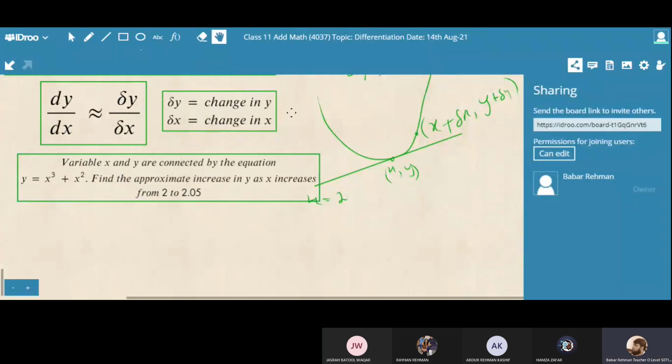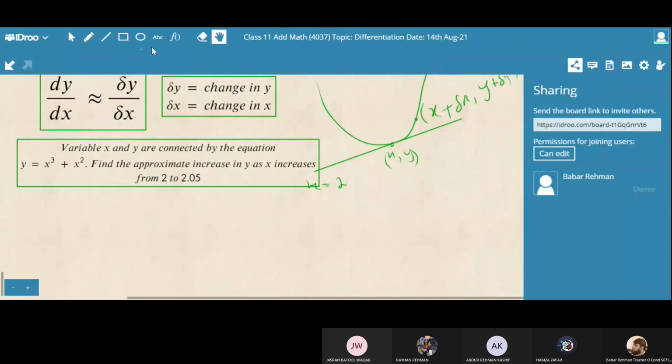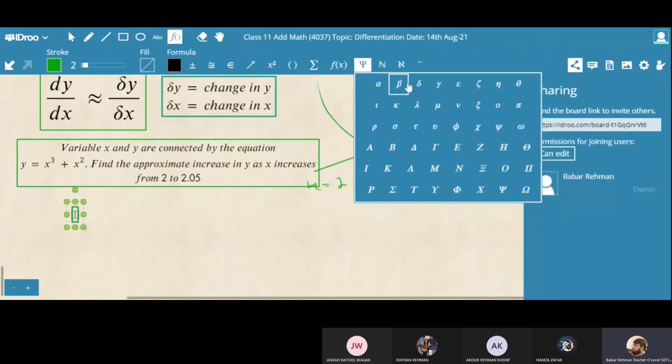Now find the approximate increase in y. So dear students, what do we have to find? Can anybody tell me what we have to find out? The approximate change in y.